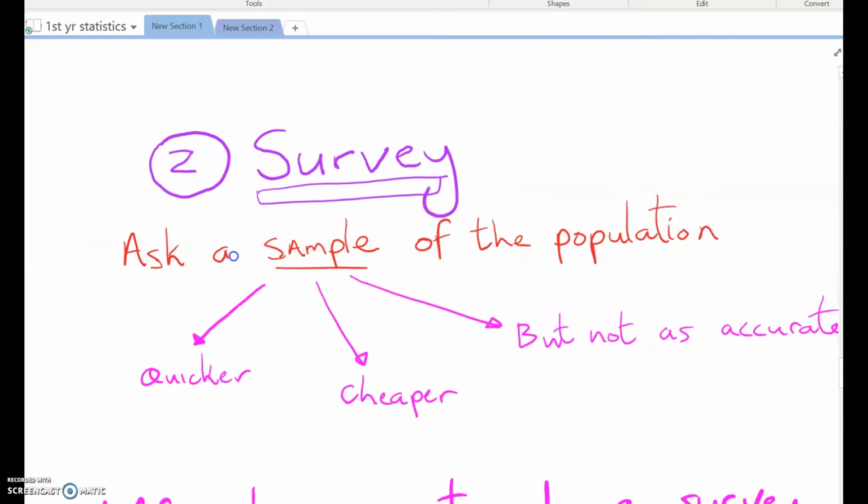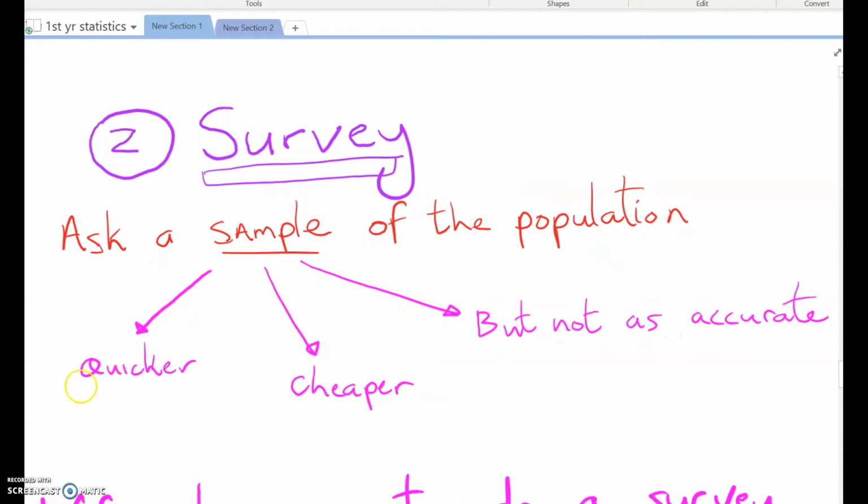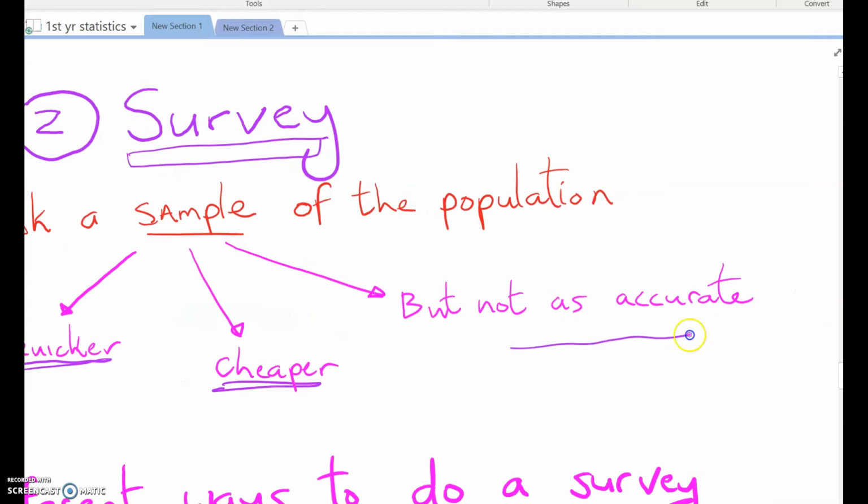Now, this is a very good way to do it because it's much quicker than doing a census. It's also much cheaper because you don't have to hire loads of people to do it. The only problem is it's not as accurate because you haven't asked everyone. You've only asked some. In the next video, we'll take a look at how we might put the data on a page. So have a look at that next video.